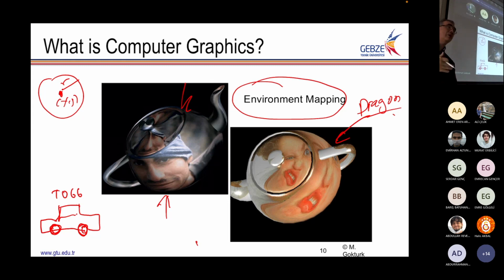If I make the correct computations, when the artificial car is passing through Ayasofya, the image of the Ayasofya minaret will be visible on the car's body. I passed through that route with my car, took the video, and stick that video on the body of the model. This is what environment mapping is, and environment mapping can be done on videos as well.